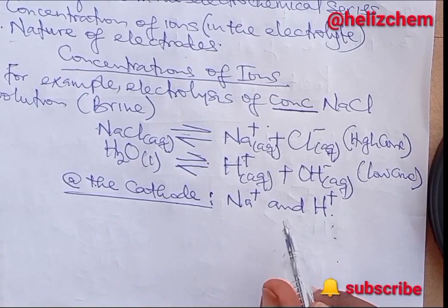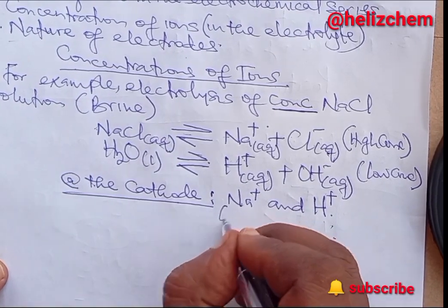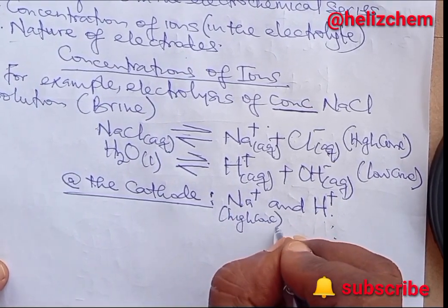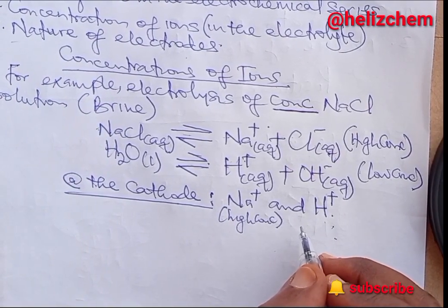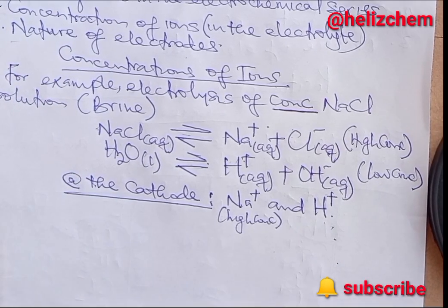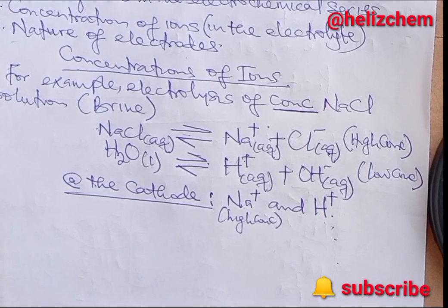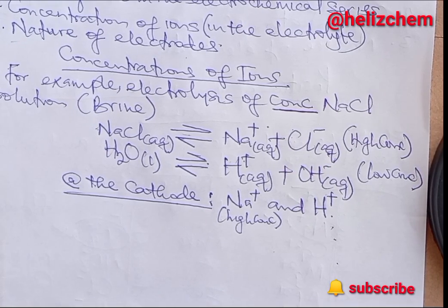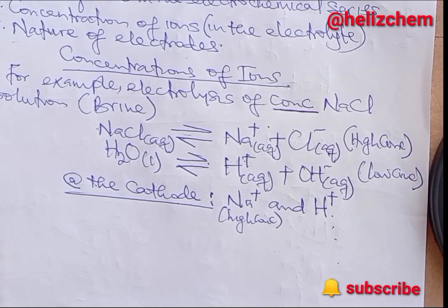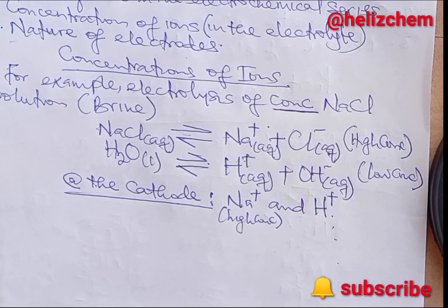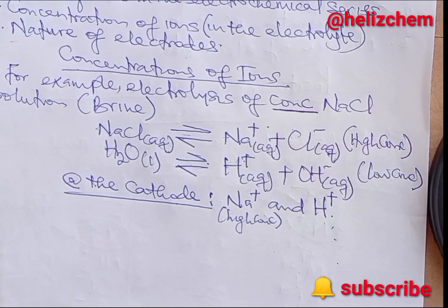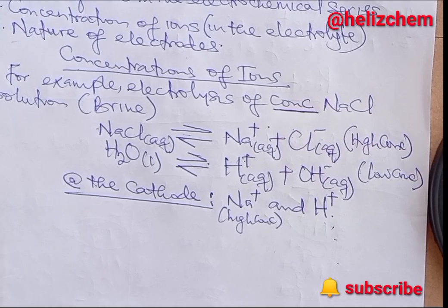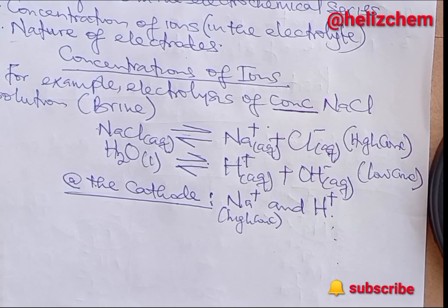We expect that since sodium ion is of high concentration, it will be discharged, but instead of that, hydrogen ions are discharged. And why? You will see that in the electrochemical series, the position of sodium ions to that of hydrogen ions, they are widely separated. You have a greater distance between these two ions, and this neglects the effect of concentration of sodium ions. Are you getting me?